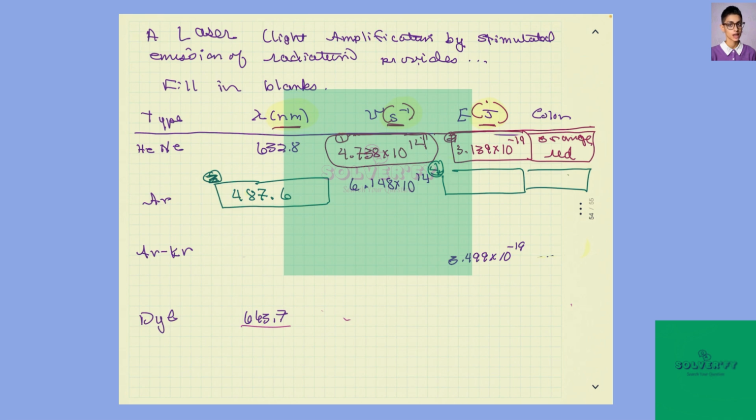What is that going to be? Hang on just a second, I'm looking up what that's going to be. That will probably be blue.